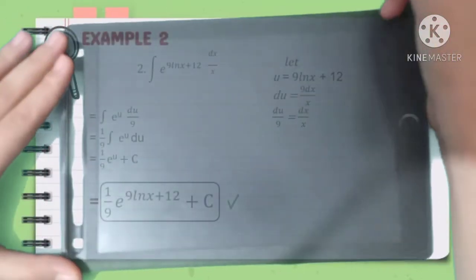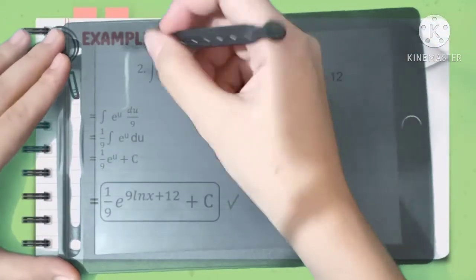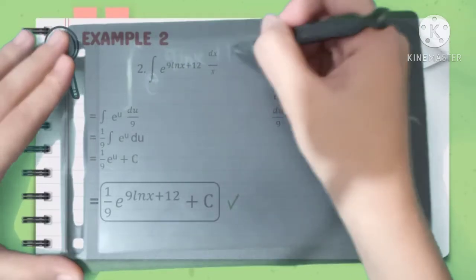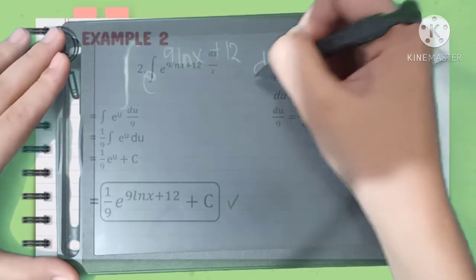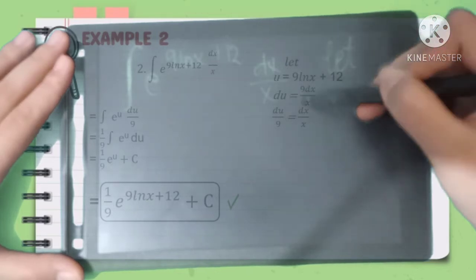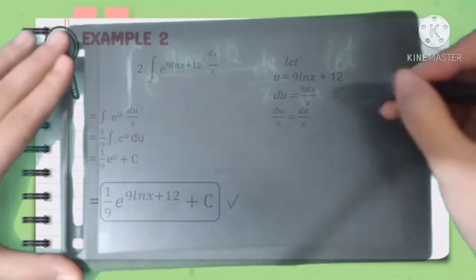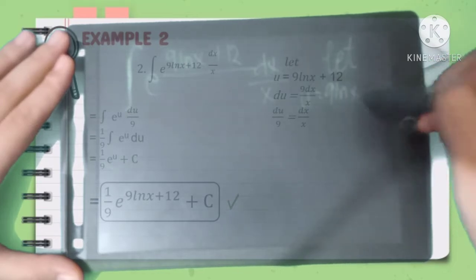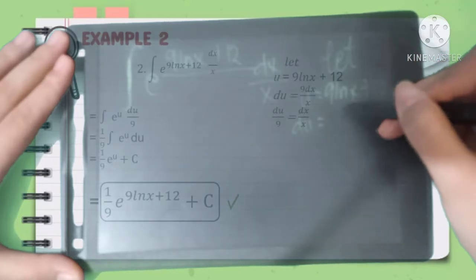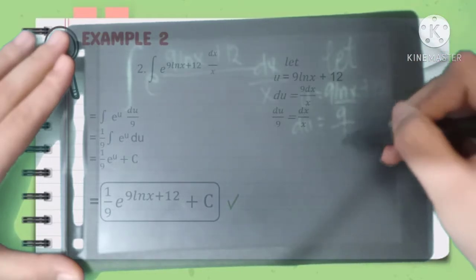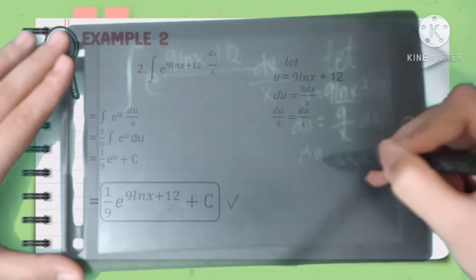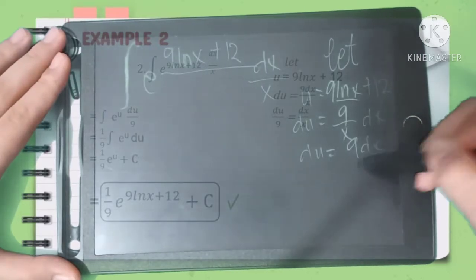Okay, so for our second example, we have the integration of e raised to 9 ln x plus 12, right? So, dx over x. So, ano yung pwede natin u dyan? So, that would be this, yung exponent. So, 9 ln x plus 12. So, anong derivative niya? That would be, since ln x, 9 over x, right? dx. So, du is equal to 9 dx over x.